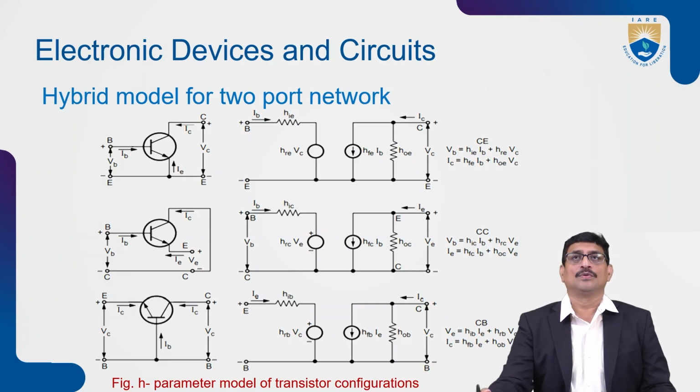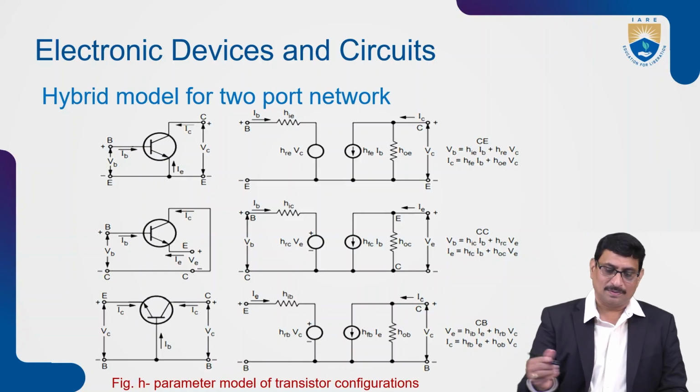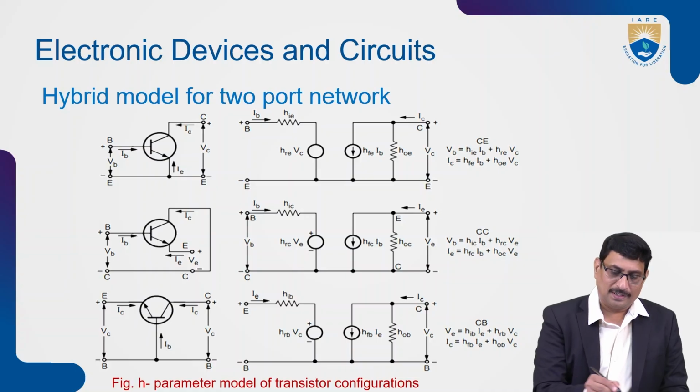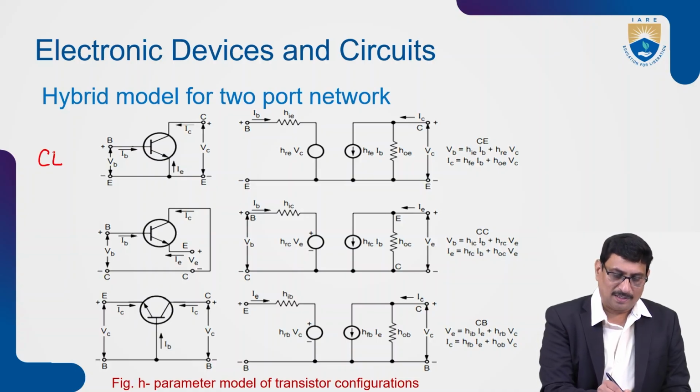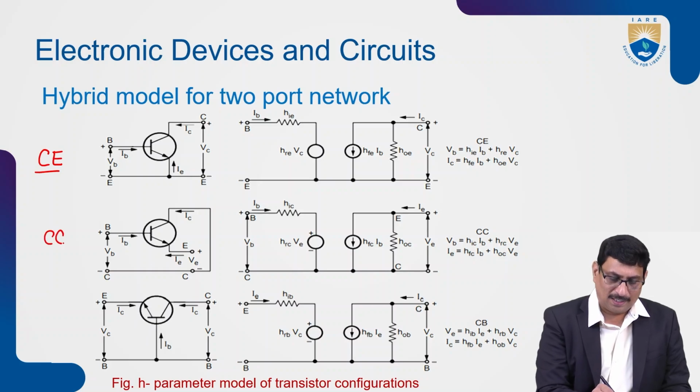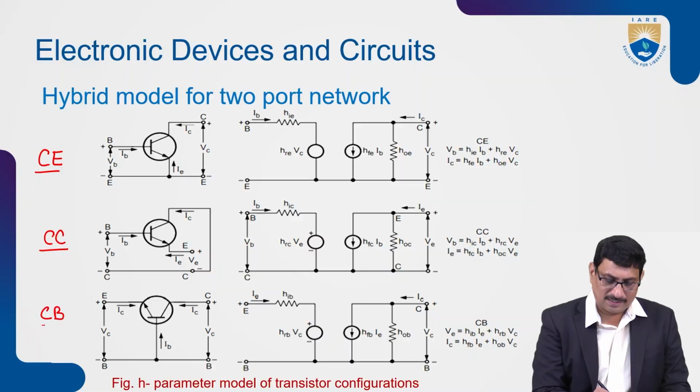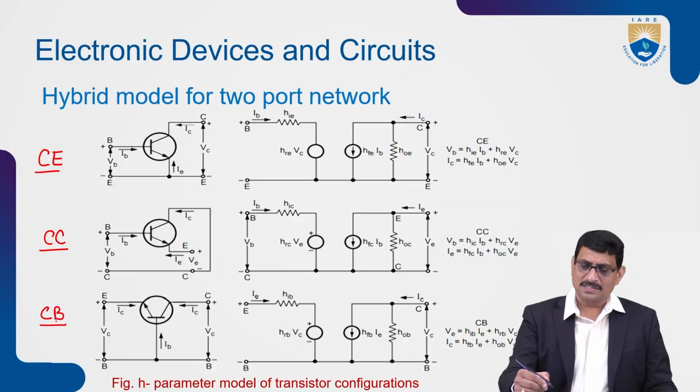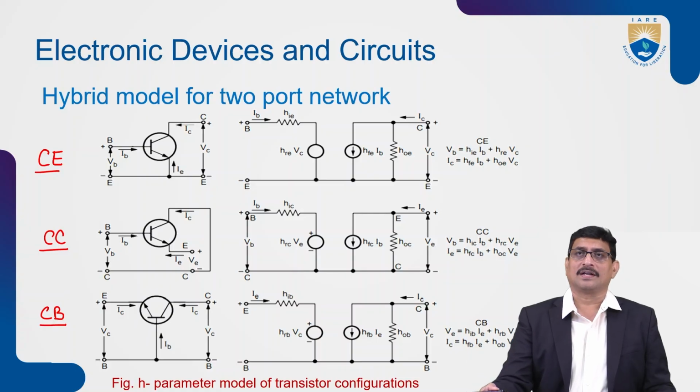as a two-port network device. The first diagram represents the common emitter configuration, the second one is for common collector configuration, and the third one is for common base configuration. Equations are the same, only the H parameters are represented with respect to that particular configuration.